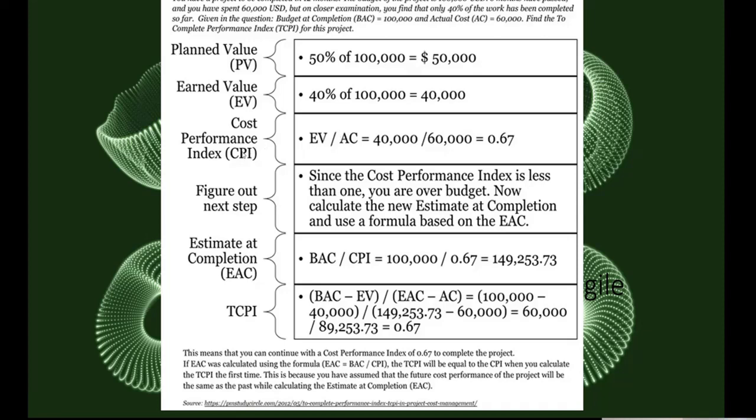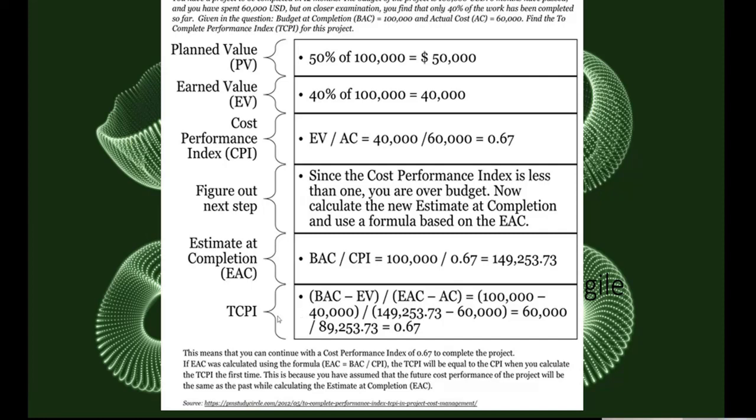You already got the CPI from here, and you find out that although we thought the project would be completed for $100,000, later we found out it needs to be completed for $149,000. That means we need an additional $50,000 here, right?